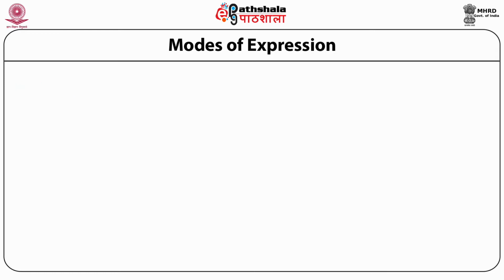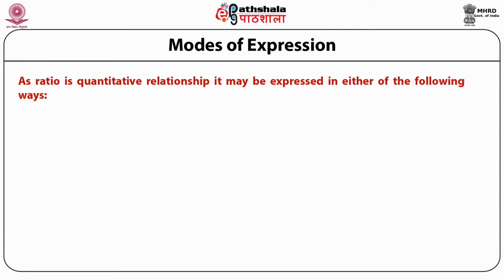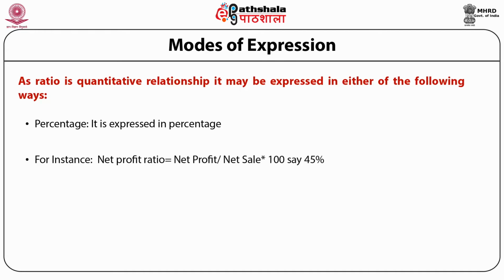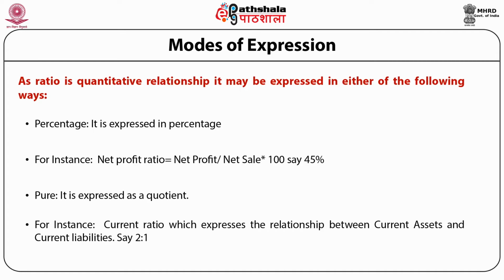Modes of expression. As ratio is a quantitative relationship, it may be expressed in any of the following ways. First, percentage. For example, net profit ratio equals net profit divided by net sales multiplied by 100, say 45%. Second, pure. It is expressed as a quotient, for example, current ratio, which expresses the relationship between current assets and current liabilities, say 2:1.